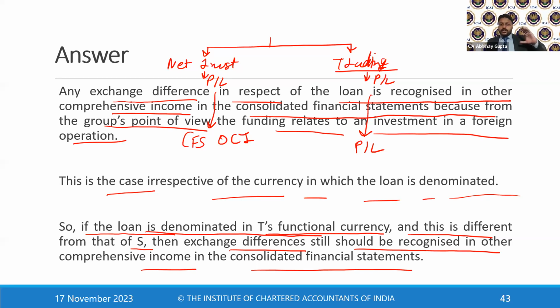So if the transaction is a net investment hedge transaction, then in standalone financial statement, P&L, but in consolidated financial statement, OCI. If the transaction is in the nature of trading balances, then standalone as well as consolidated financial statement, it will be P&L. Clear point now? No doubts?